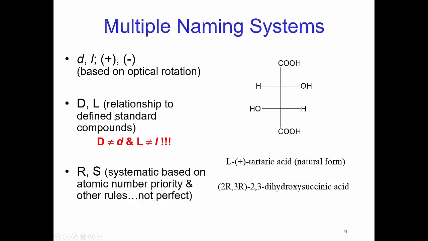So historically, right, there is a standard compound that somebody knows the three-dimensional structure of, and it was just discovered by some particular means, right?